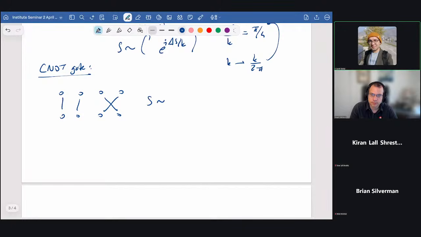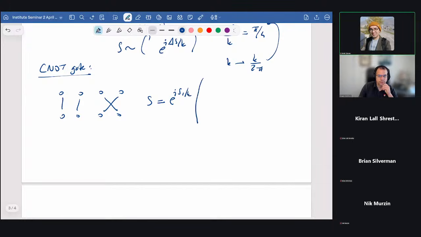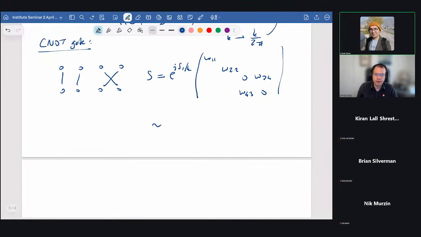The S matrix that will correspond to that one will be, okay, let's just suppose that all of the inwards have the same variety. So we factor out the global phase. Omega 1, 1, omega 2, 2, and 0, omega 3, 4, 0. So obviously, when you choose all the weights as 1, you obtain the CNOT gate.